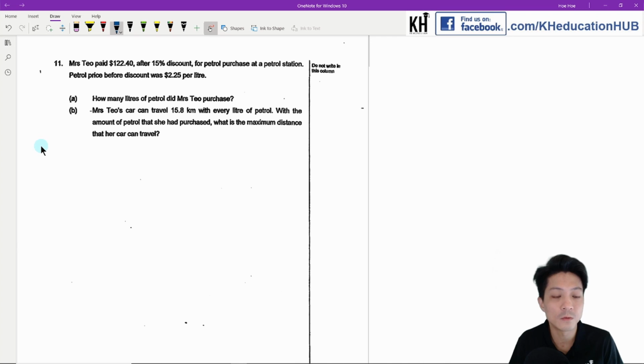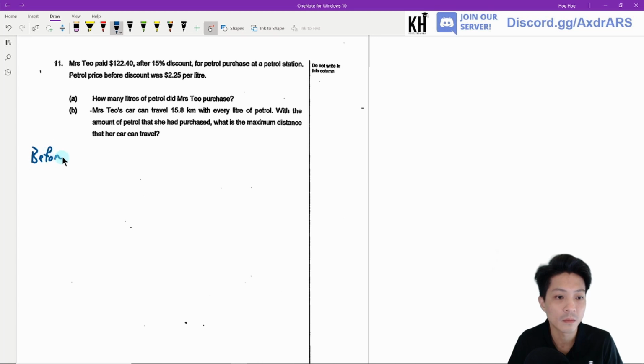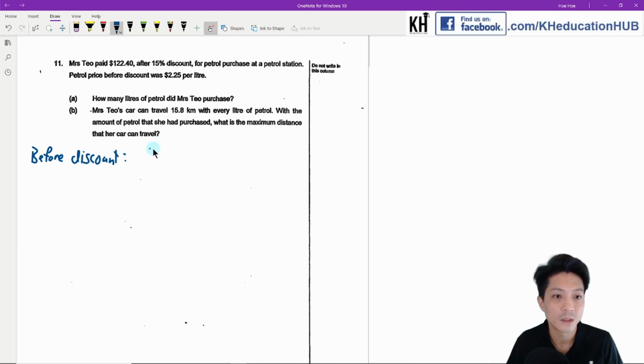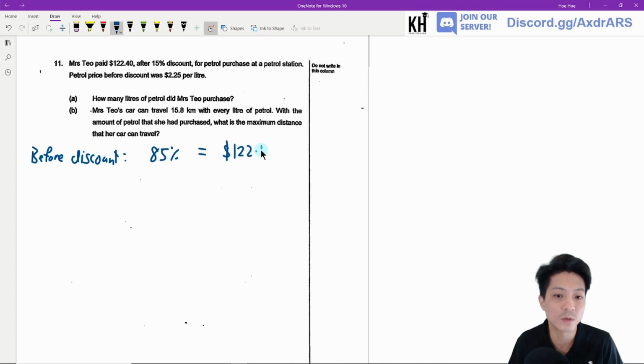So we need to find the price of the petrol before discount. After 15% off, it will be 85%. So 85% is equal to 122.40.